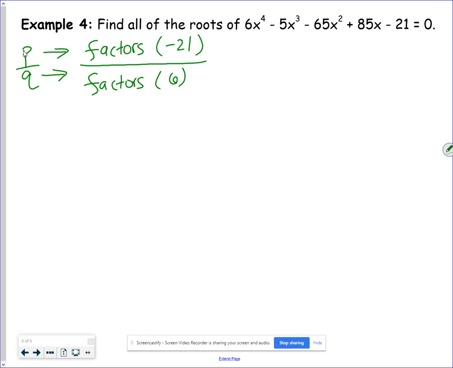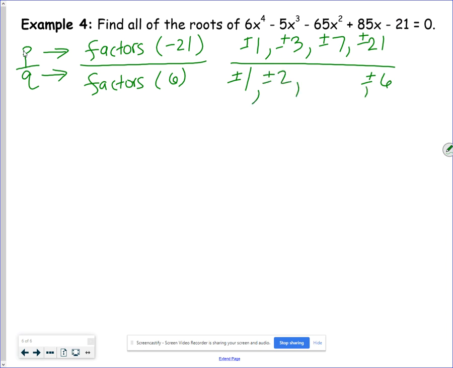So all the factors of 21, we got 1 and 21, 3 and 7. And then we got plus and minus of each of these. Then we're going to do all the factors of 6. We got positive, negative 1, positive, negative 6, positive, negative 2, positive, negative 3.